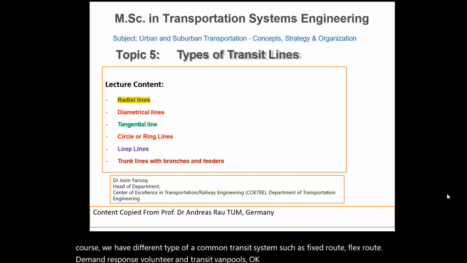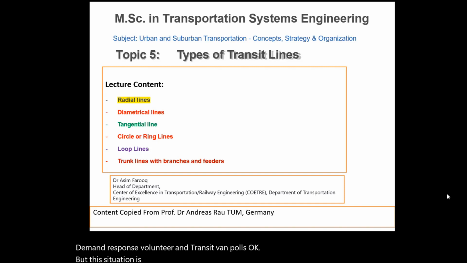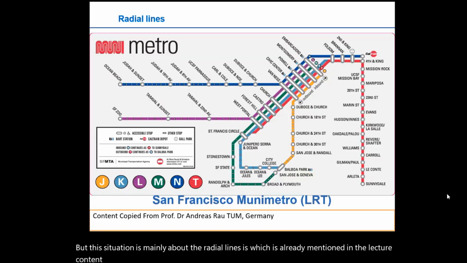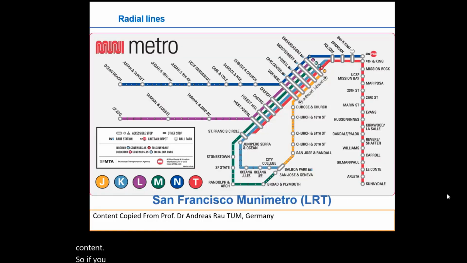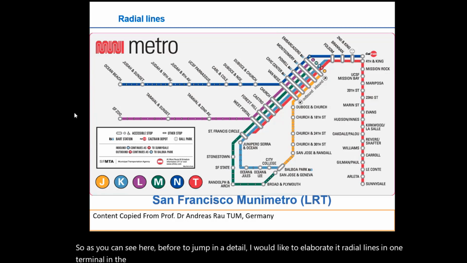Okay, but this session is mainly about the radial lines, which is already mentioned in the lecture content. So as you can see here, before jumping into detail, I would like to elaborate that radial lines have one terminal in the city center and one terminal in the outskirts, in the suburban area.